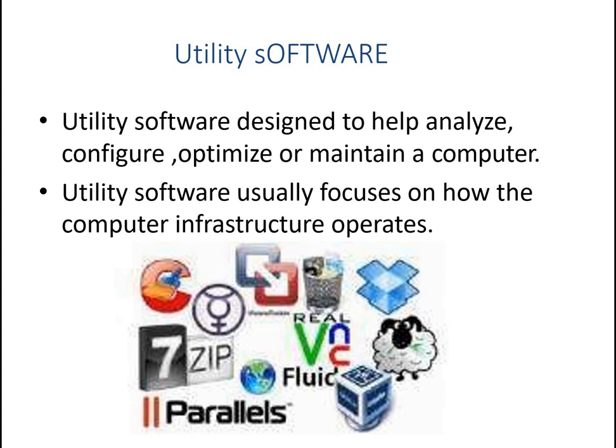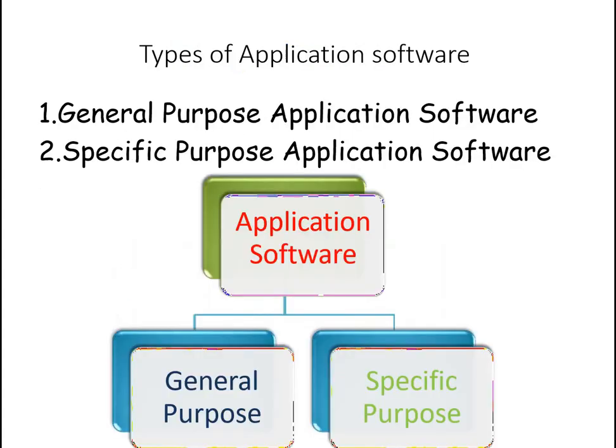So it is used to optimize and maintain a computer, and it usually focuses on how a computer infrastructure operates. So based on how it should work and what all should be there, what all should be avoided, all those things will be decided by a utility software. Okay, so those were some kinds of system software.